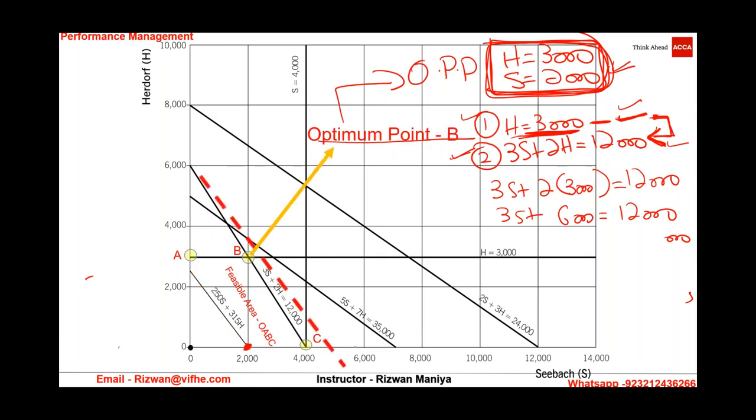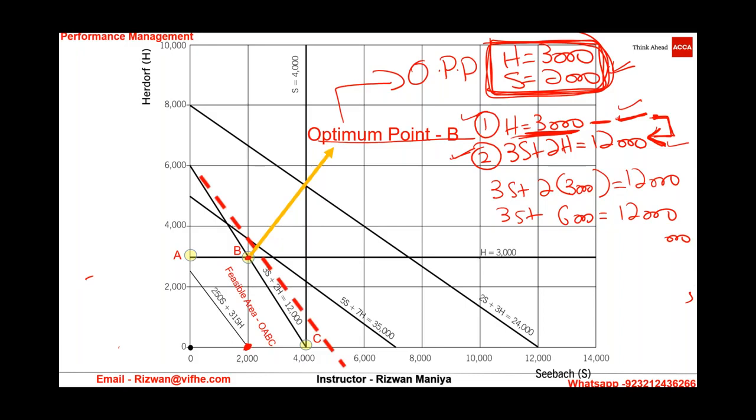Once you are clear, listen very quickly, guys. This is a very good concept. Once you are clear what the optimum point is, so here it's B, note that on this optimum point there are two lines that are intersecting.